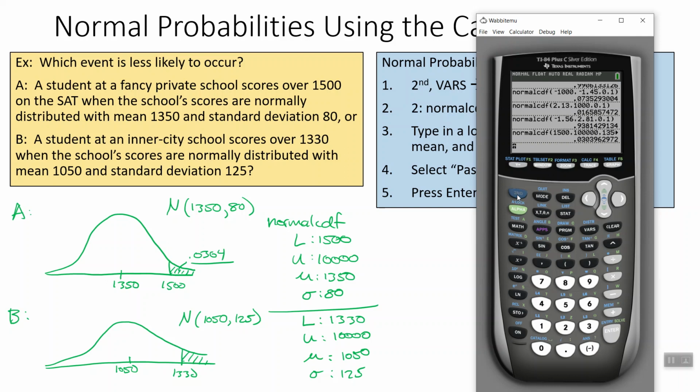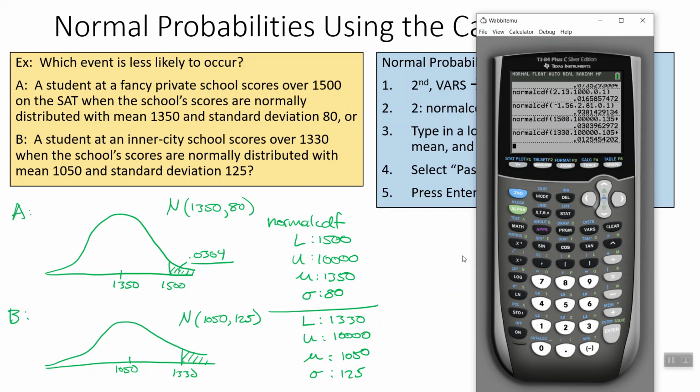Now let's do the same thing with our other distribution. Back to normal CDF. This time we're going from 1,330 up to something big. We can leave that. Now our mean is 1,050, so our mean is a little bit lower, but our standard deviation is a little bigger, 125.